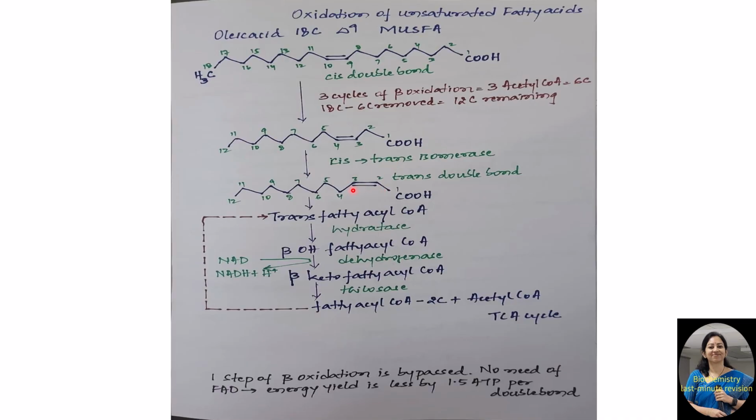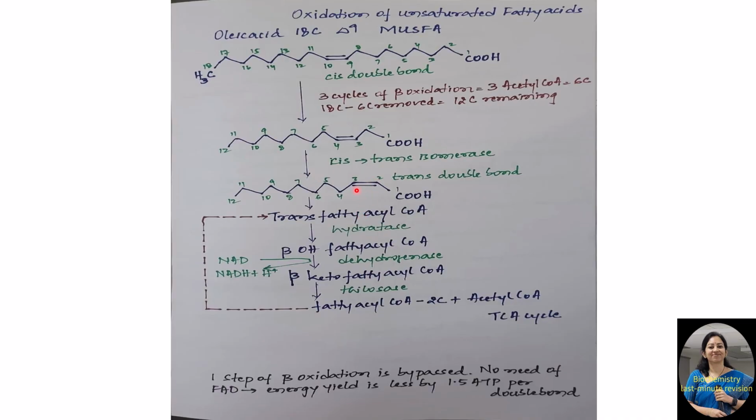Okay, so now the enzyme is able to act here. Once the cis to trans transformation takes place, this becomes alpha beta unsaturated fatty acyl CoA. Check out, this is the alpha carbon atom, this is the beta carbon atom. So it gets converted to alpha beta unsaturated fatty acyl CoA, also called trans enoyl CoA.